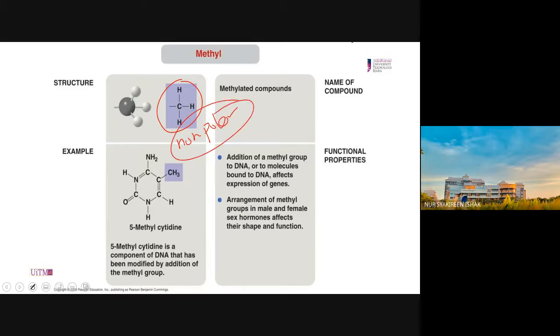For a molecule having this functional group, it depends on the other functional groups that are also present. But if it has only methyl, it can cause the molecule to be non-polar. But in this case, because it also has a C double bond O and an amino group, the molecule can be polar. So it depends on how many methyl groups are in that molecule.